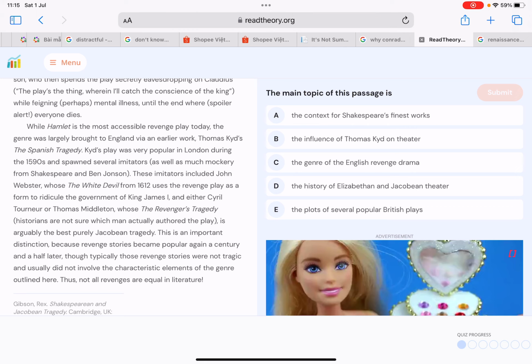This is an important distinction because revenge stories became popular again a century and a half later, though typically those revenge stories were not tragic and usually did not involve the characteristic elements of the genre outlined here. Thus, not all revengers are equal in literature.